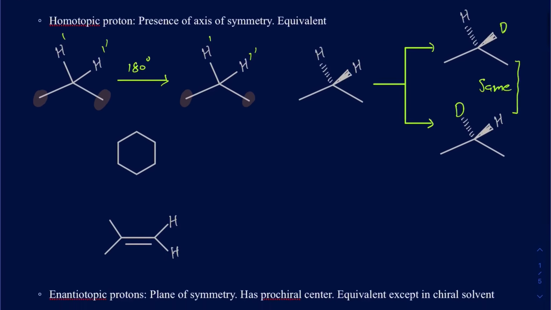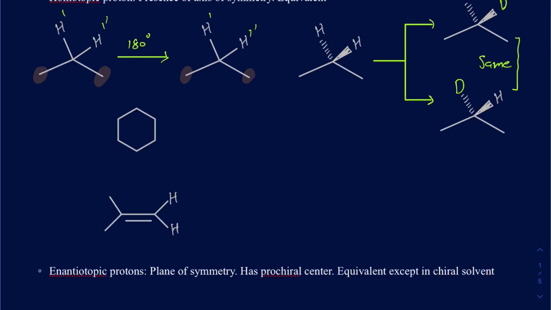Let's take a couple more examples here. I've got this cyclohexane here, and in cyclohexane, if I draw this proton here and I draw another one here, I can draw one with the solid wedge and the other one with the dash. So I can run a replacement test again on it.